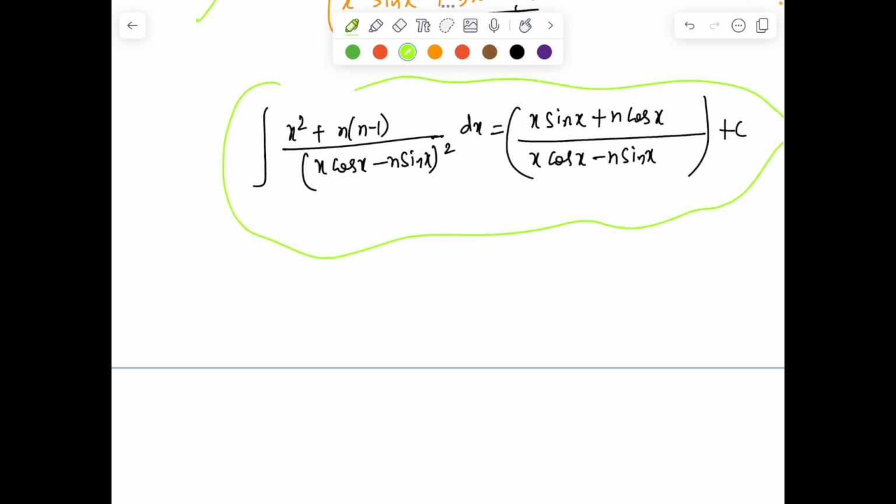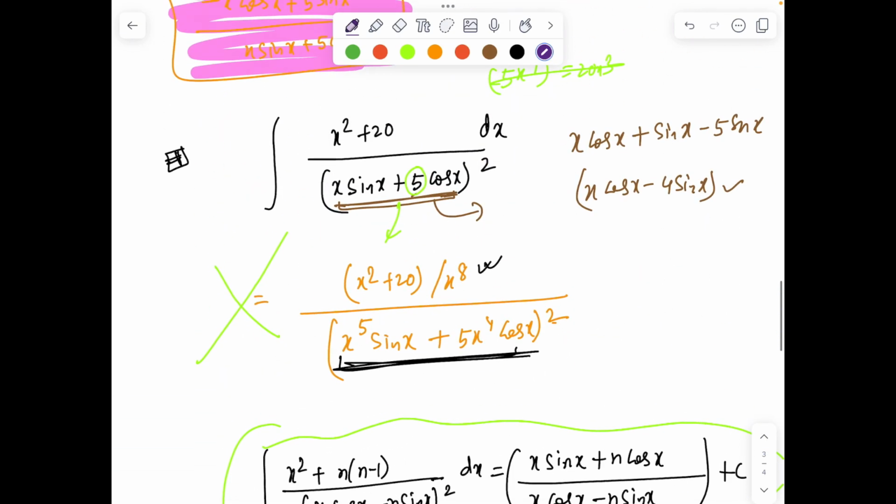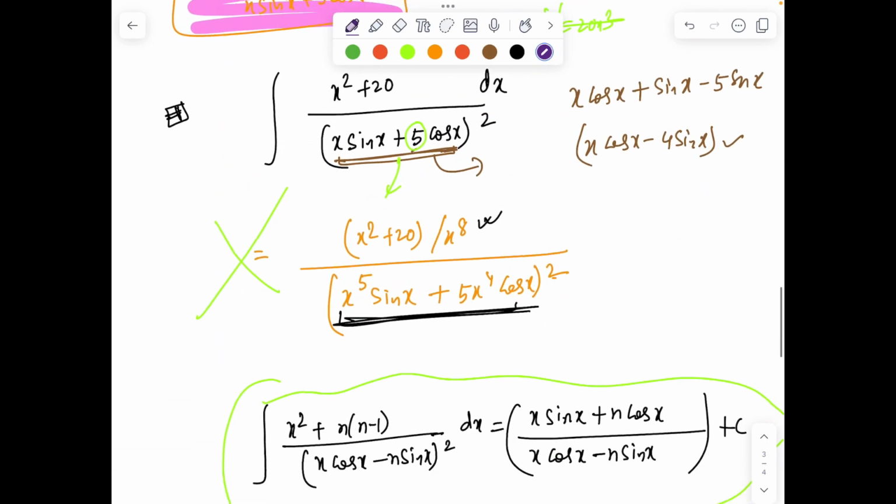So this is a very technical manipulation which will come from it. And this is what I was telling as of now.